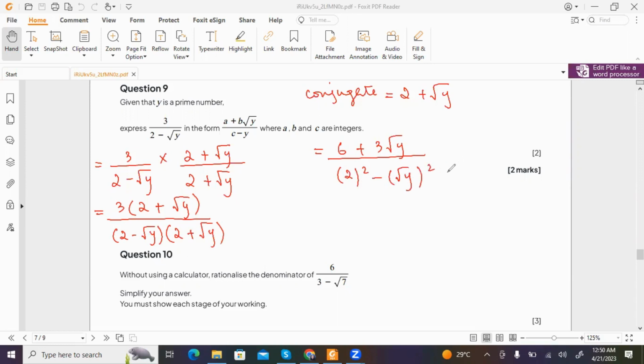Once again, we apply difference of perfect squares in the denominator, which will give us 4 minus 5. So as you can see, a is 6, b is 3, c is 4, and the placement of y is exactly the same.